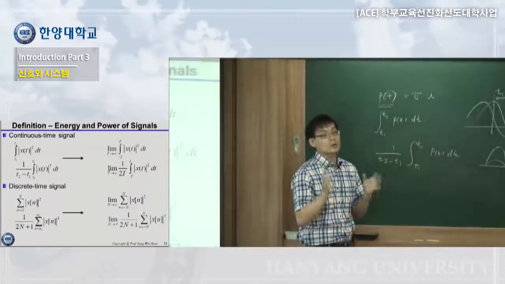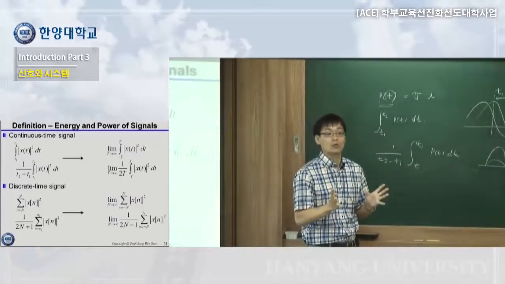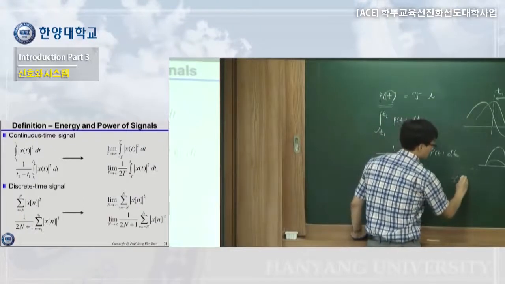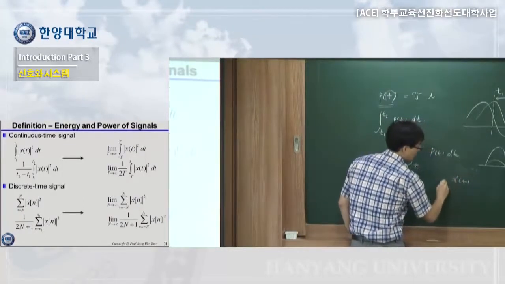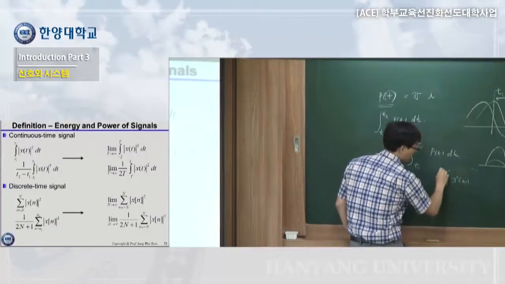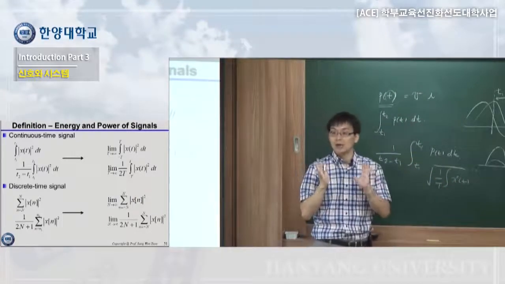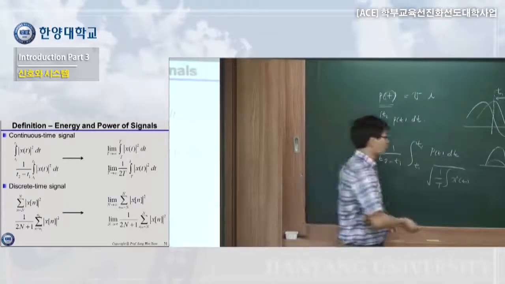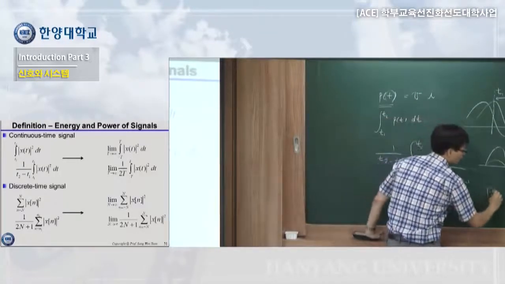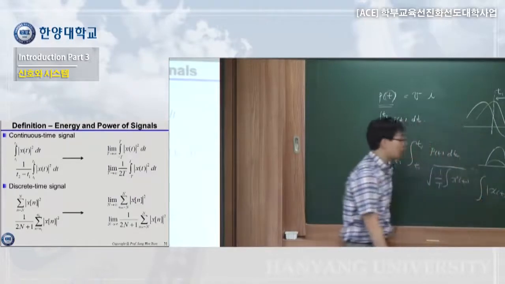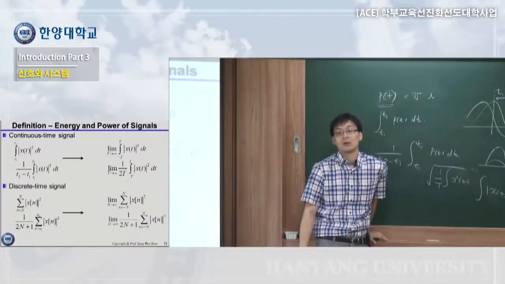So we sometimes introduce another value called root mean square. We square the signal, average it, and take the root to find the actual amplitude. Or we sometimes introduce the average of the absolute value.